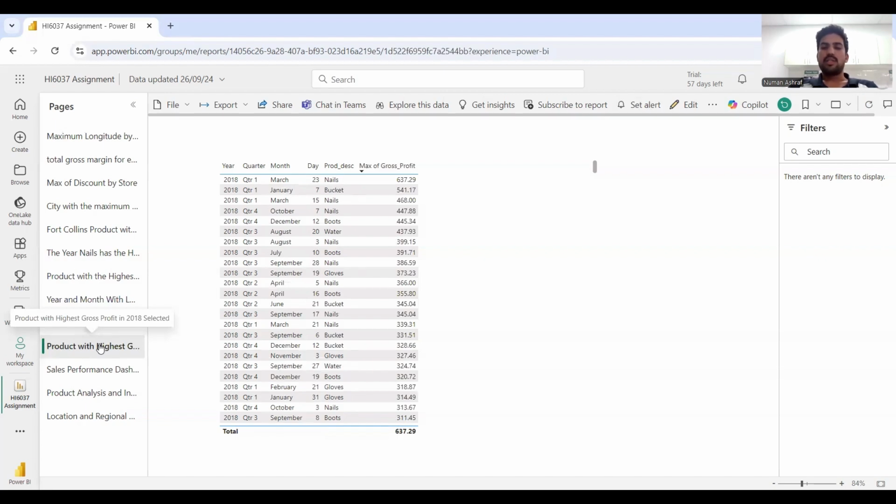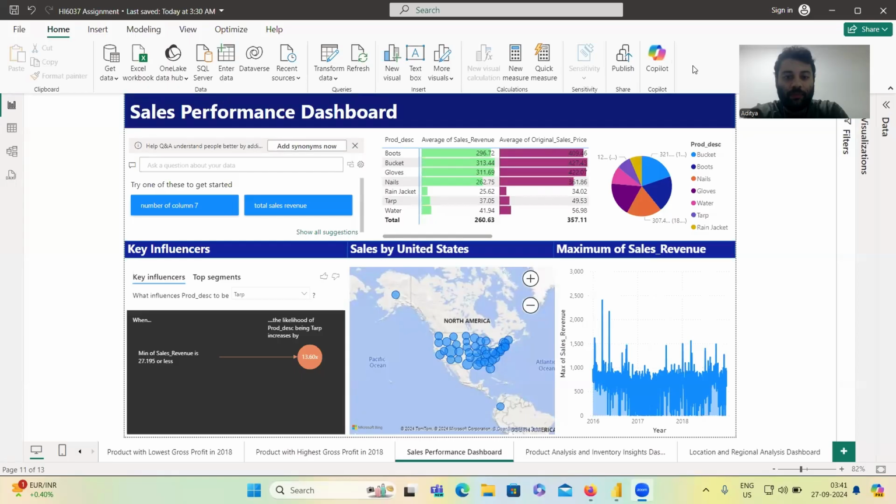To filter the year 2018, an advanced filtering feature was used to only indicate the data associated with products and gross profit margin in 2018. Further, I used the descending data arrangement format to determine the product with the highest gross profit in 2018. The product was nailed since they recorded the highest gross profit value of 637.29. Now let's head to the second section, which is dashboard.